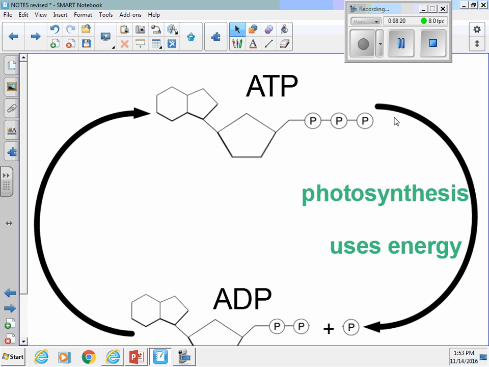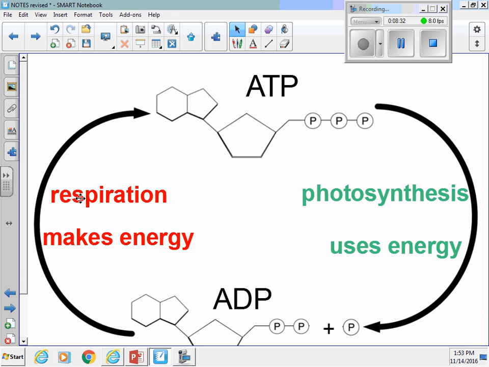So it's going to take that ATP, it's going to break off that phosphate, and it becomes ADP. Well, then this molecule is going to go elsewhere in the cell, pick up the energy that's made in cellular respiration, and it returns it to ATP.